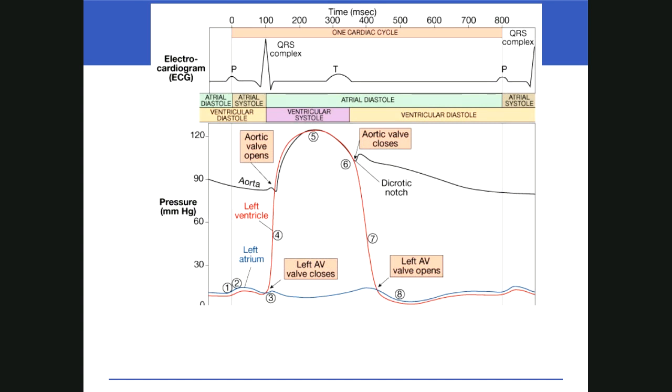Let's look at the aortic pressure right here. Look, the aortic pressure also falls, but it never falls down as low as the ventricle pressure. And that is because the aorta and large arteries have sort of like rubber bands in their walls.